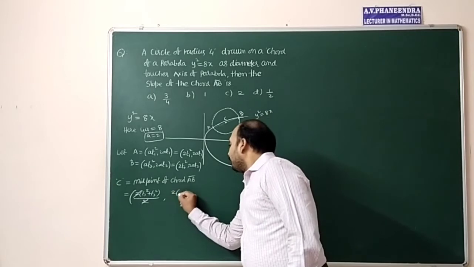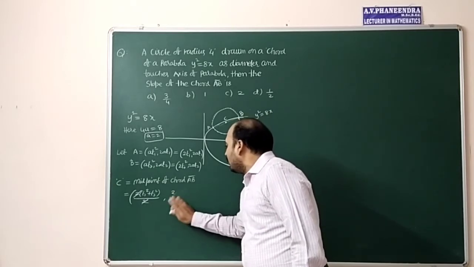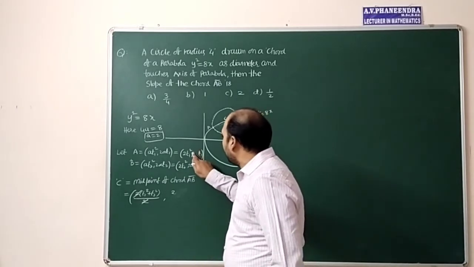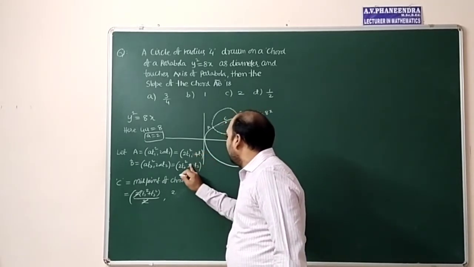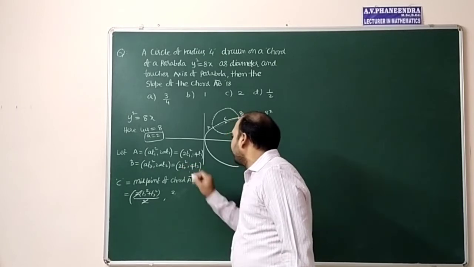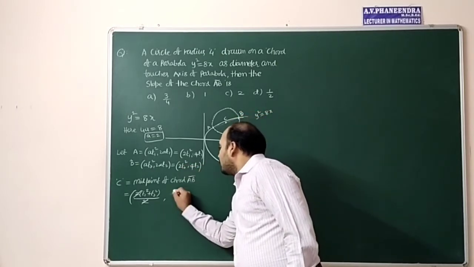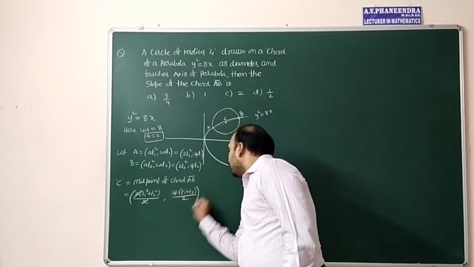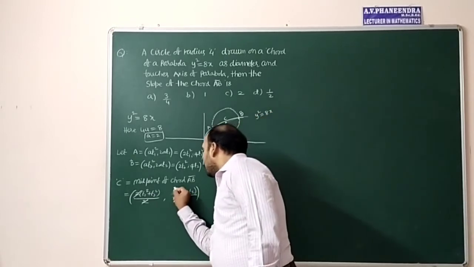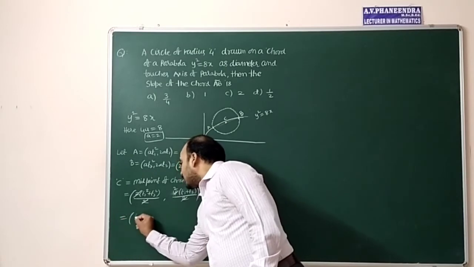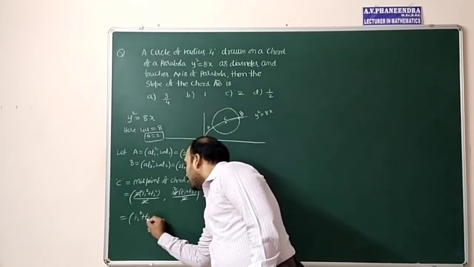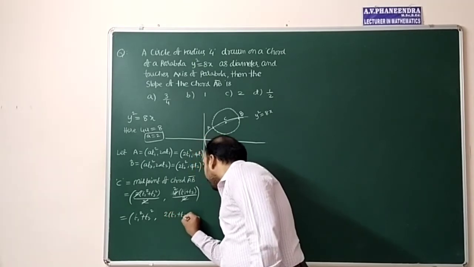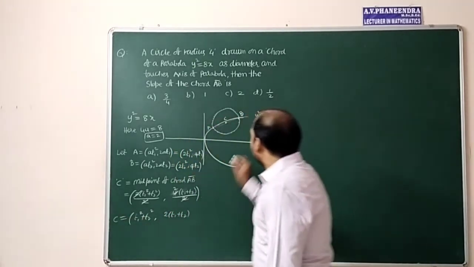Here the a value is already substituted, so directly I can write 4t1 here and 4t2 there. So it becomes 4 into t1 plus t2 divided by 2, which is equal to t1 square plus t2 square comma 2 into t1 plus t2. These are the coordinates of the center.